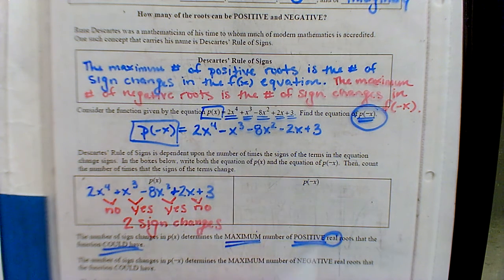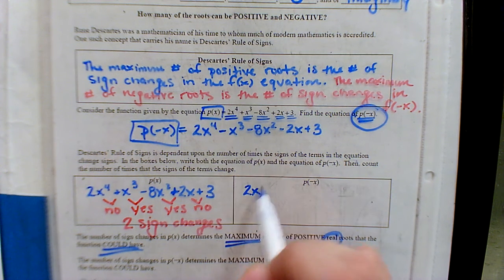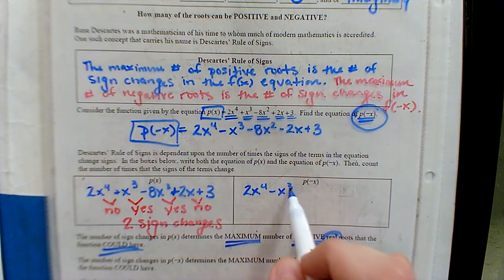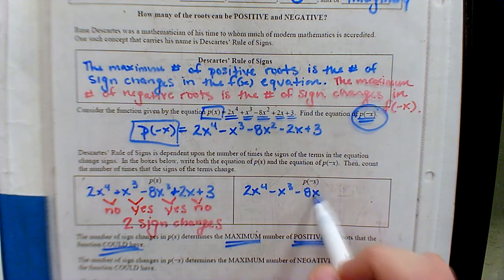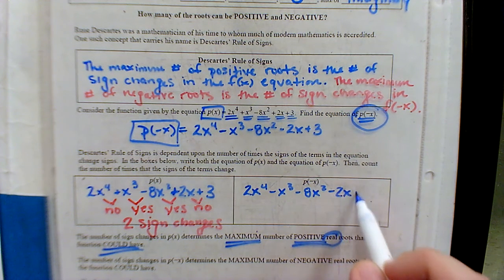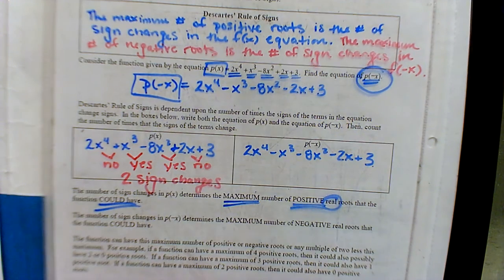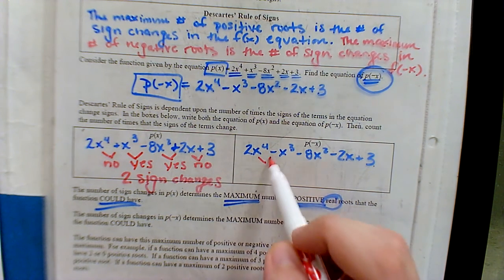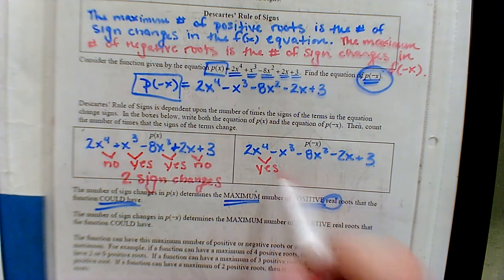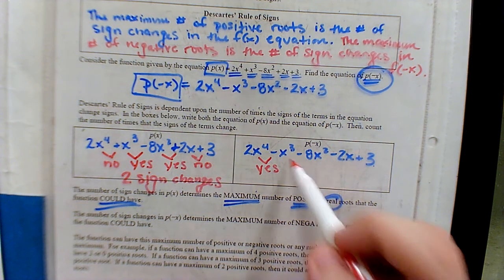Let's try the p of negative x sign changes. So that would be our new equation, 2x to the 4th minus x cubed minus 8x squared, and keep going. Okay. Let's count our sign changes. Looks like we start off with 1 right off the bat.